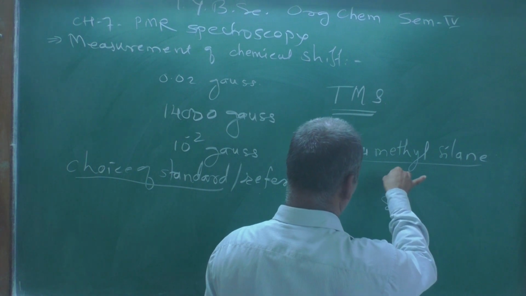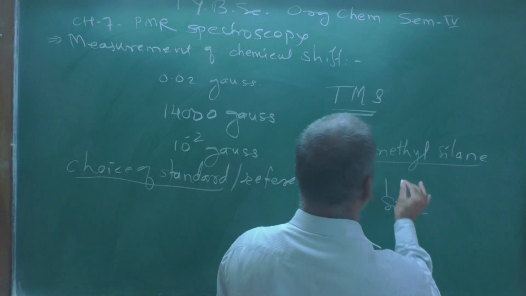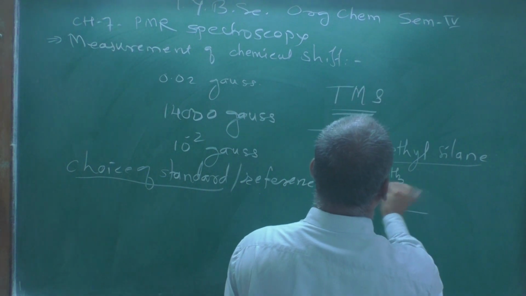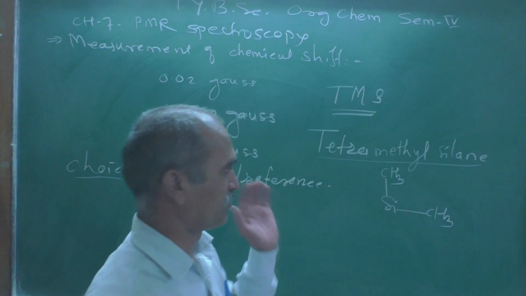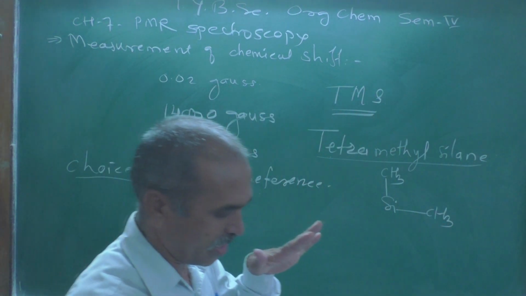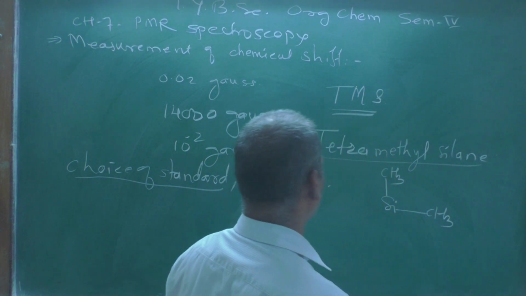Generally, the tetrahedral structure is drawn with two normal lines. Here one methyl group is shown over here, another methyl group over here. These two methyl groups are lying in the same plane.